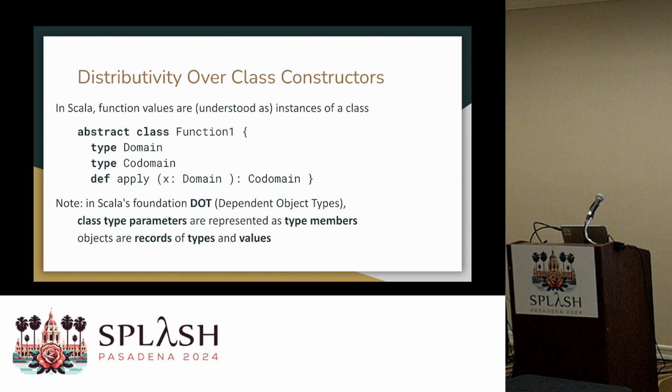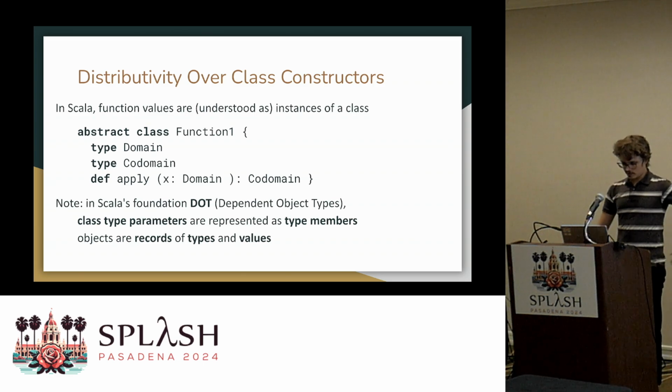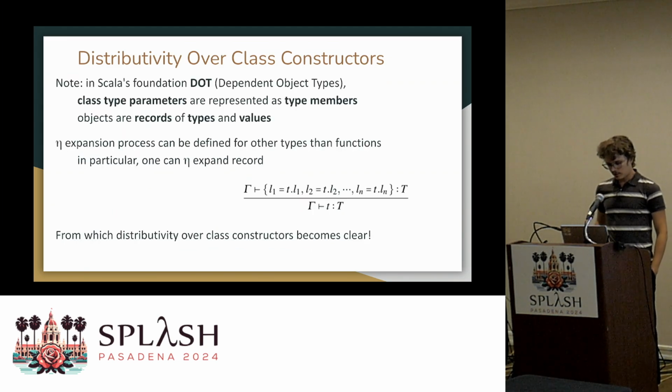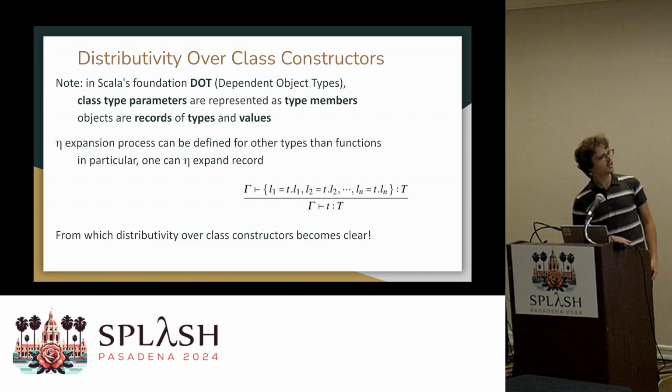And moreover, you have a method apply that corresponds to actually calling the function. So this is how Scala represents functions. On the other hand, the dependent object types calculus treats objects as basically records of both values and types. If you remember the idea that you can derive subtyping rules through retyping and some form of eta expansion, that was the case for function subtyping.